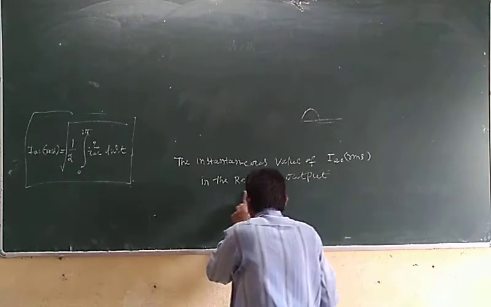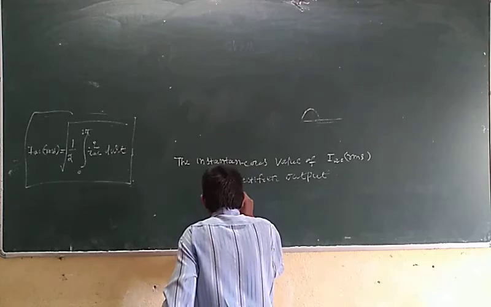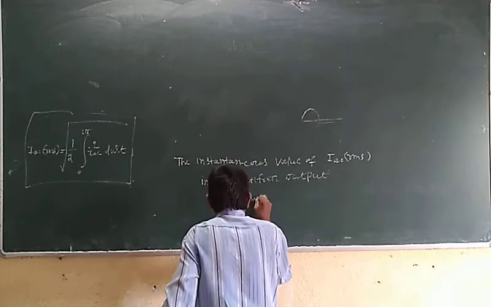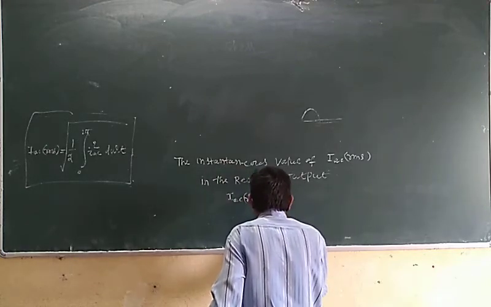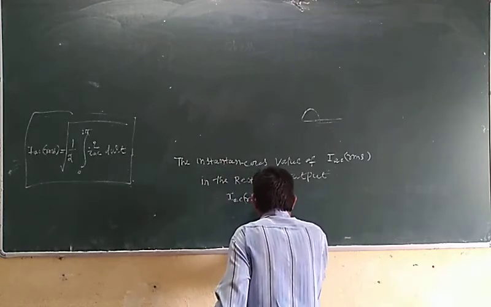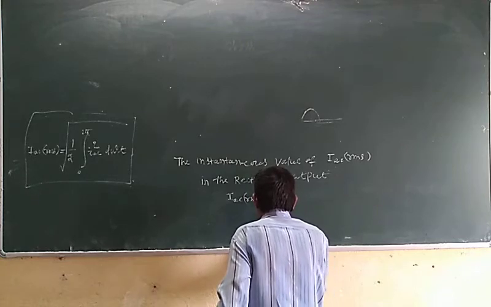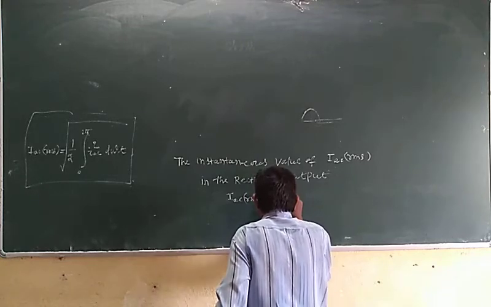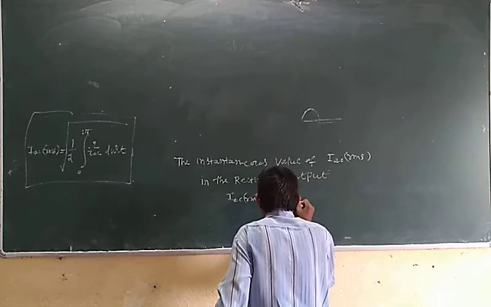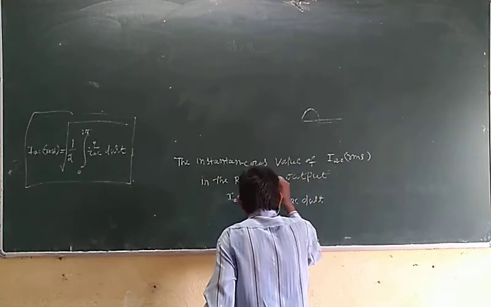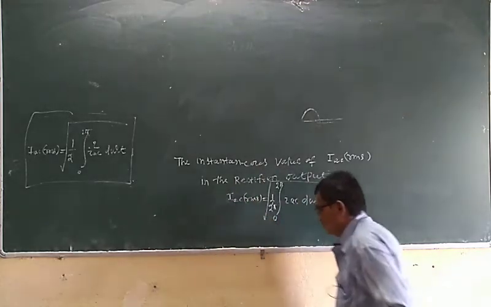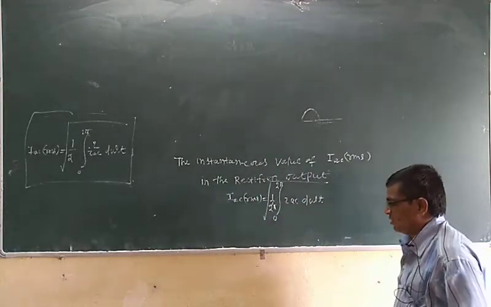Now the I_RMS, or I_AC RMS, equals the square root of 1 by 2 pi, integral from 0 to 2 pi of I_AC d omega t. This value is the instantaneous value of AC.